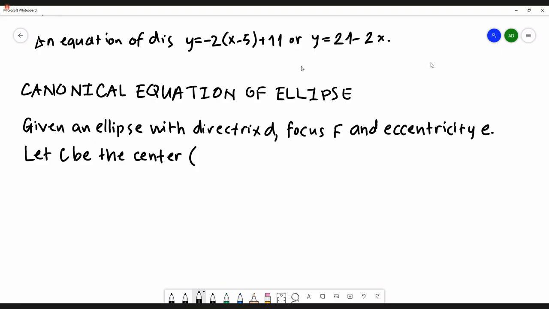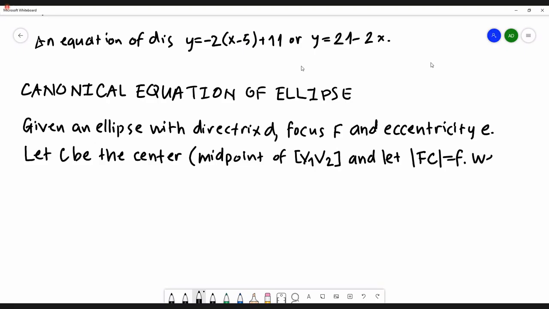we first consider the center, and recall that the center of an ellipse is the midpoint of two vertices. Again, recall that a parabola has one vertex, while the other conics, ellipse and hyperbola, have two vertices on the axis. And the midpoint of two vertices is called the center.